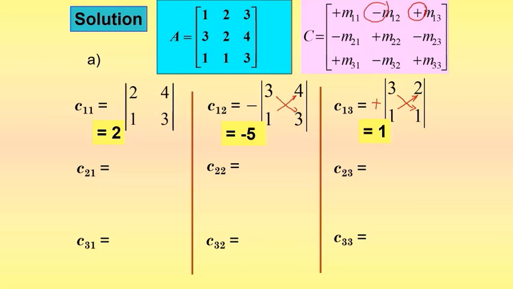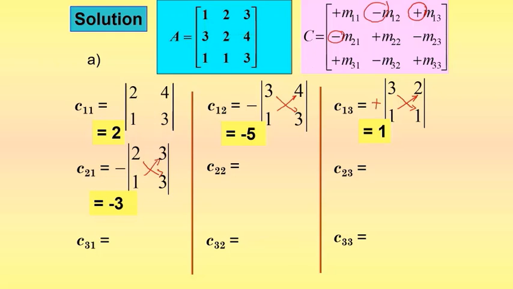C21. Deleting second row and first column. The remaining entry is 2, 3, 1, 3. Okay, the sign from this one is negative. That's why we have to put negative here. Okay, multiply these two things minus upward arrow.